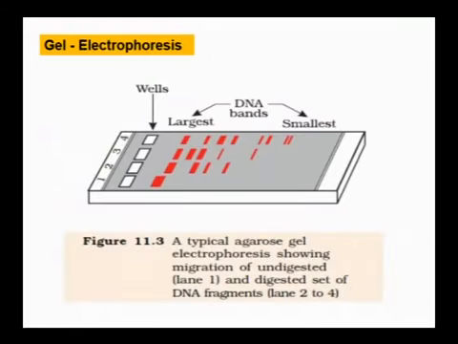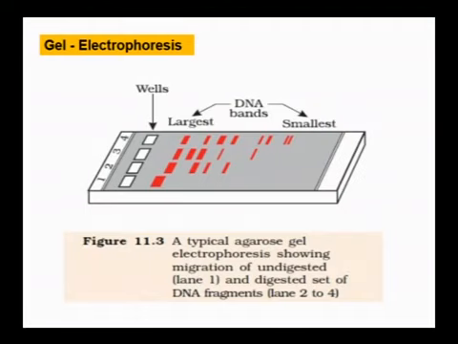Again, the techniques that we follow in recombinant DNA technology or genetic engineering include gel electrophoresis. Gel electrophoresis is a technique used for separation of DNA based on size by applying an electric field. This is a diagrammatic representation of electrophoresis, which contains wells into which we load our DNA that was cut by restriction enzymes, and we connect this to an electric field.